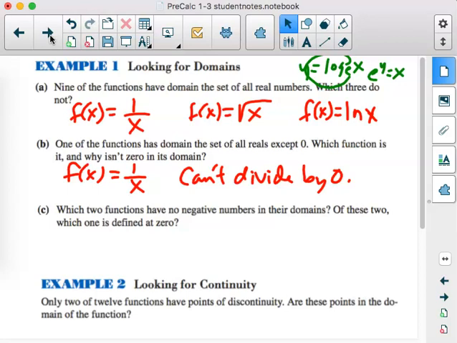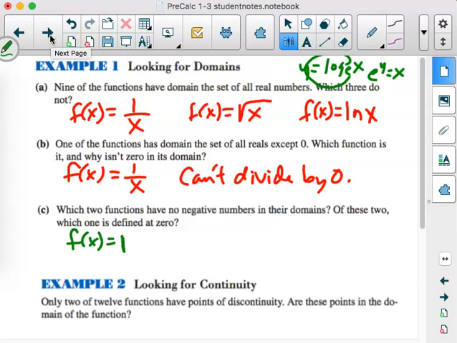Find one. Tell me one. Square root? Yeah. No negatives in there. What other one?